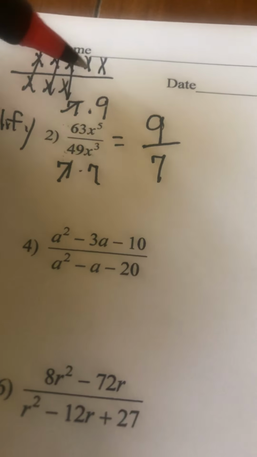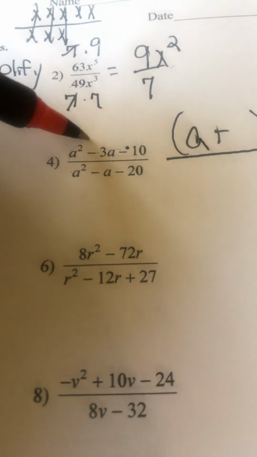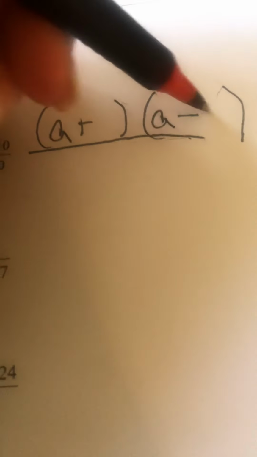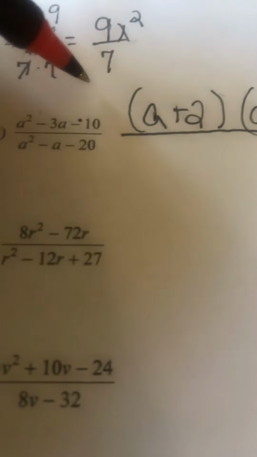Factors of a squared is only a and a, and now we're going to look for factors of 10 that have a difference of 3. That's 5 and 2. Because your second sign is negative, the larger number will go behind the negative, which will be 5. Just remember, 2 times 5 is 10, and 5 minus 2 is 3.